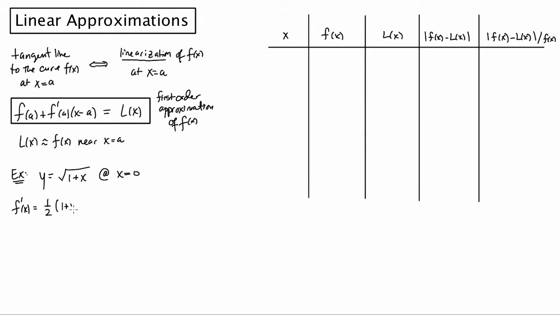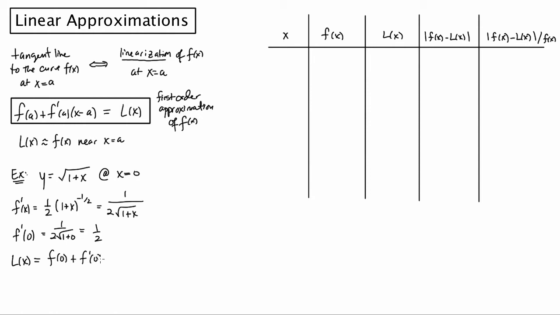So it's 1 half times 1 plus x to the negative 1 half, which is just 1 over 2 times the square root of 1 plus x. And at x equal to 0, f prime at 0 is 1 over 2 square root 1 plus 0, or just 1 half.